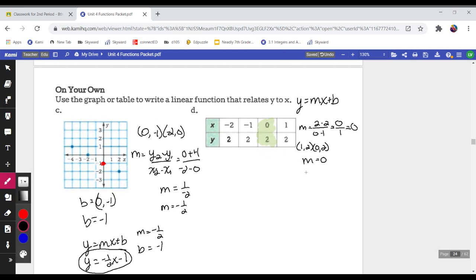My corresponding y value is 2, so that means b equals 2. Y equals mx plus b. We have m equals 0, b equals 2. Y equals 0x plus 2. Well, 0x is just going to equal 0, plus 2 is 2. So y equals 2 for letter D.